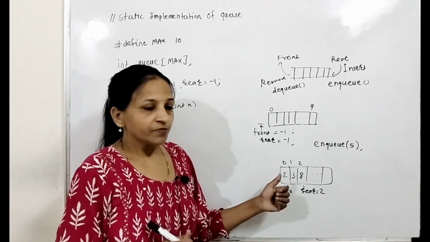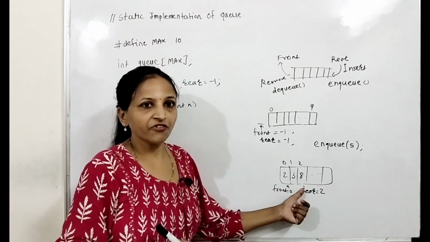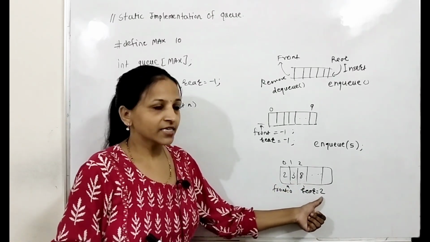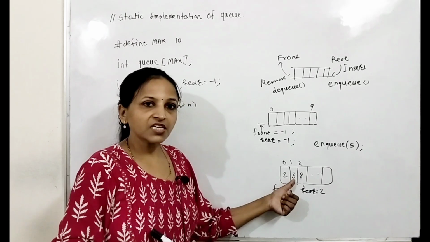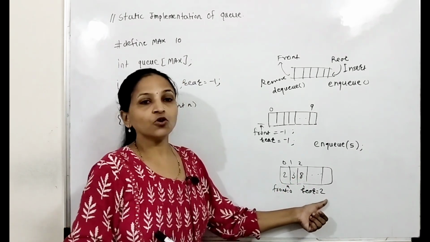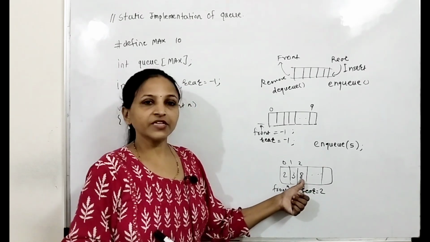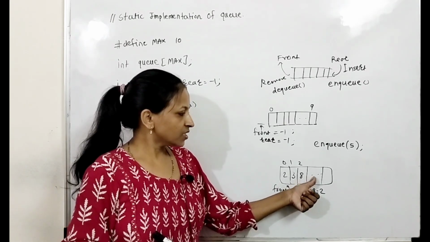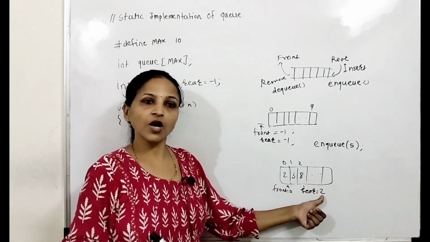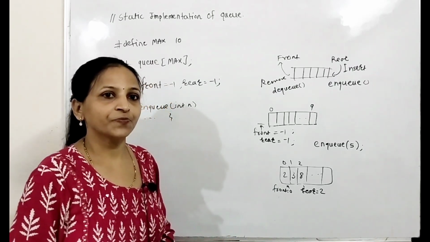Getting my point? Suppose we are removing this element, then we will just increment the front, so front will become 1 and rear will be 2. Again suppose we are removing this element, then front will become 2 and rear also will be 2. Now suppose we are removing this element, then front will be 3 and rear will be 2 as it is, which means there is nothing in that Q. Getting?